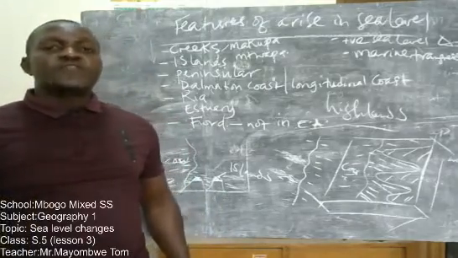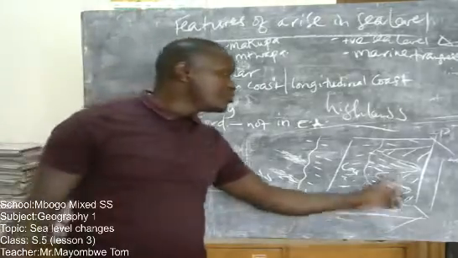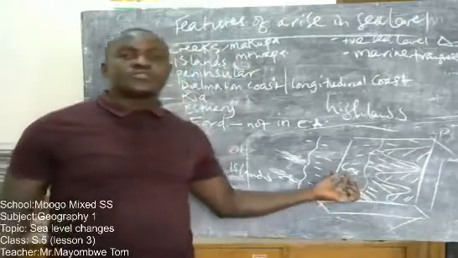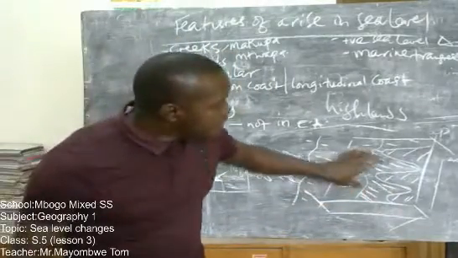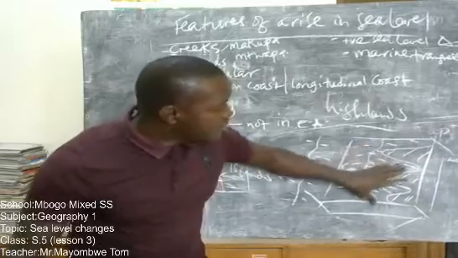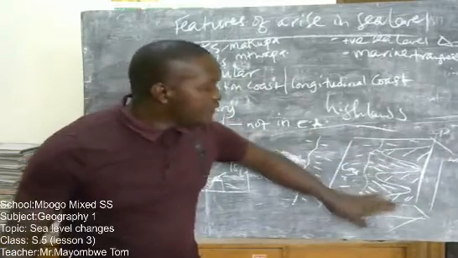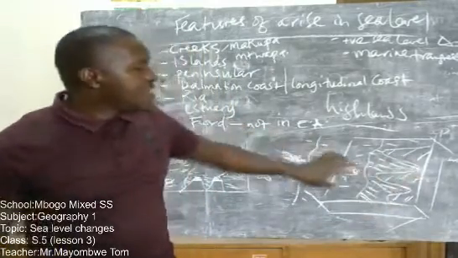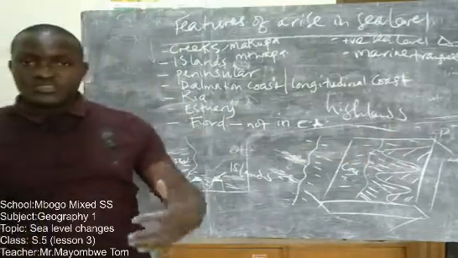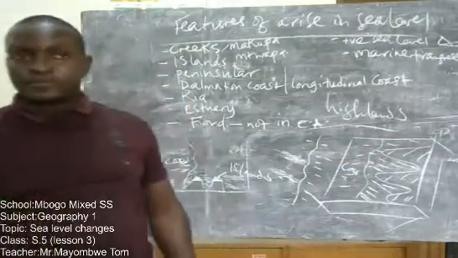A peninsula forms where highlands occur at right angles to the coast. So when a rise in the sea level occurs, water will flood the coastal areas, making the valleys filled up with water, but the highlands remain projecting into the sea to form peninsulas.